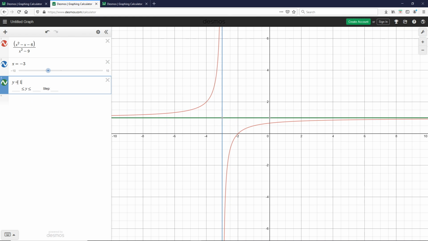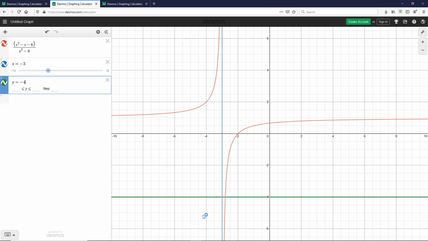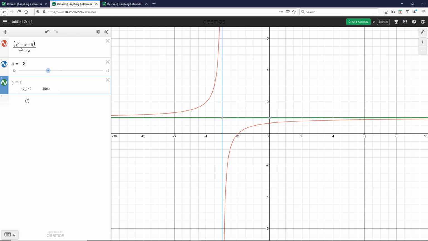Now, you could have also said, what if it's a horizontal line whose y-intercept is, let's say, -4? That would be y equals -4 there. So we'd have this green horizontal line there. Okay, so that's how, again, you find the equation of vertical and horizontal lines.